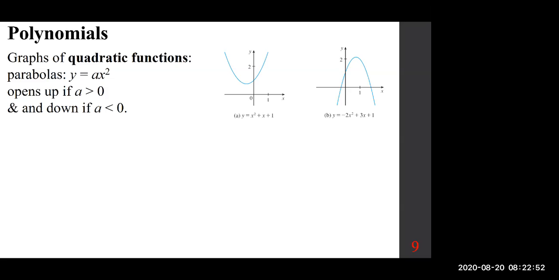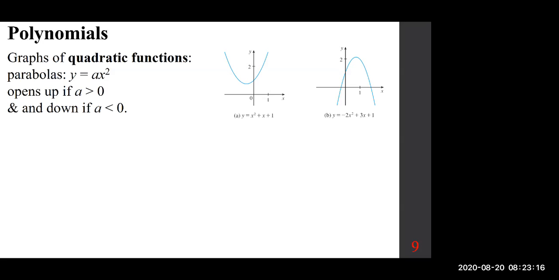Everybody remembers the quadratic functions. The general idea behind that, if you look at the leading term again, ax squared, depending upon the value of a: if a is positive, the graph opens up, and if it's negative, it opens down.